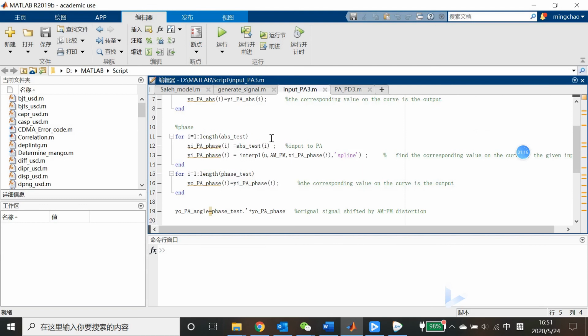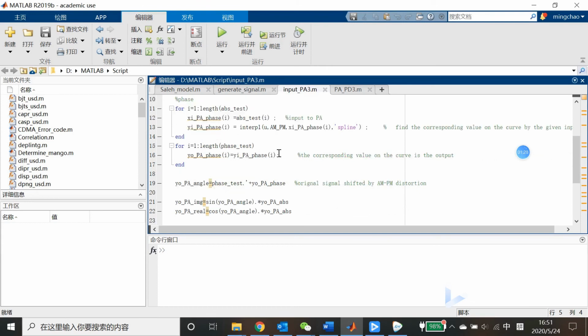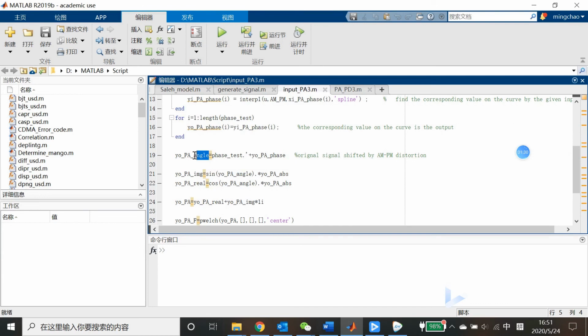After we calculate the output magnitude and the output phase shift value, we need to recover the output signal. So first, we calculate the angle of the output signal by adding up the original test phase and the phase shift from the previous block.